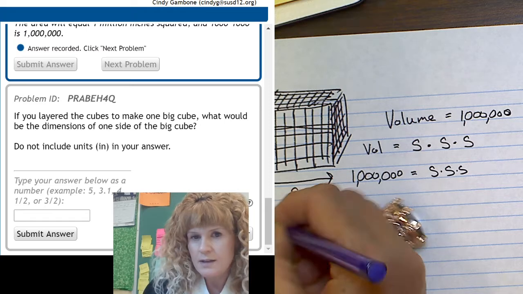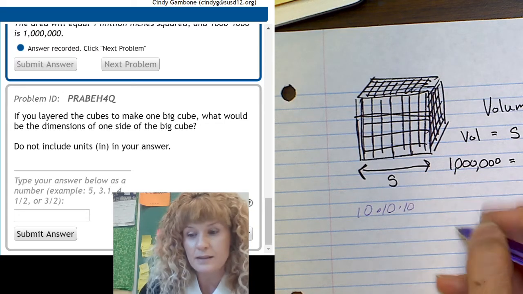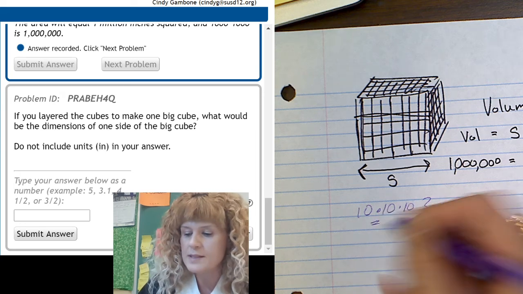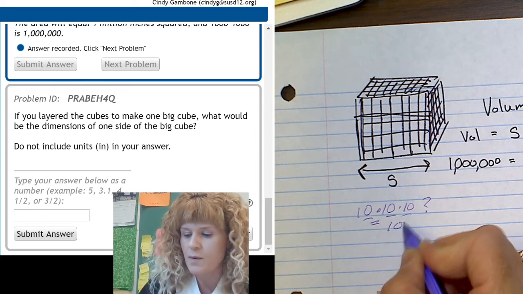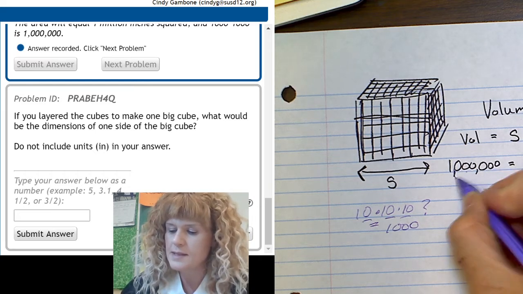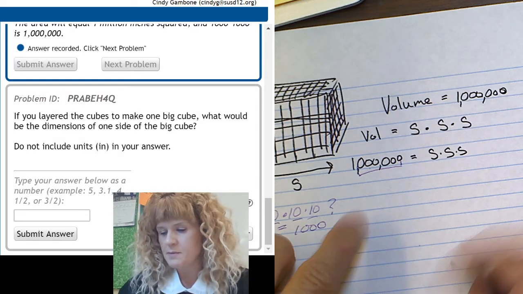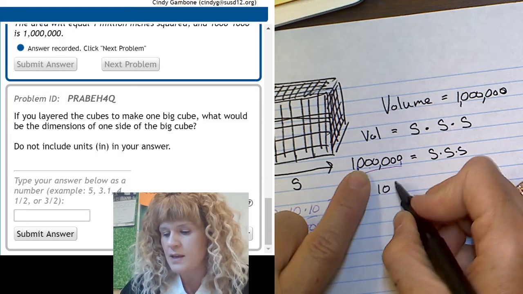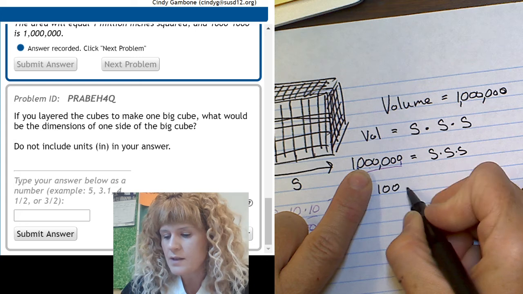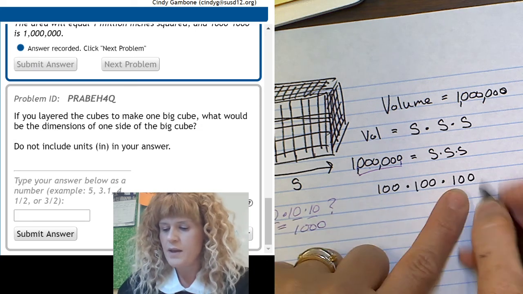Let me show you. I said, is it 10 times 10 times 10? Well, no, because if I count the zeros, that's only 1,000. Well, then what times what times what gives me 6 zeros? That's going to be 100 times 100 times 100.